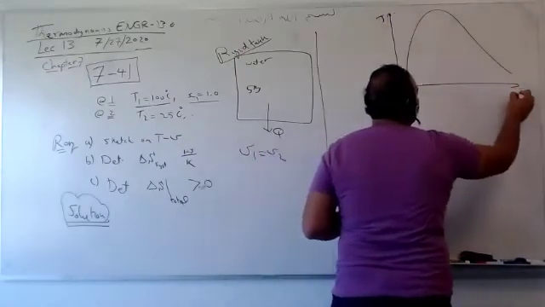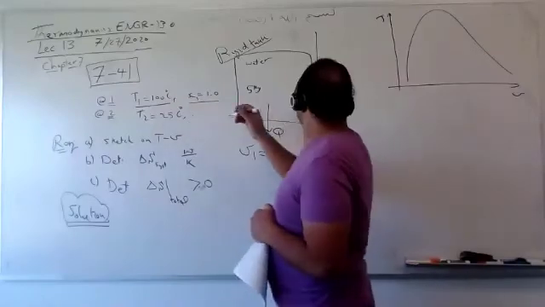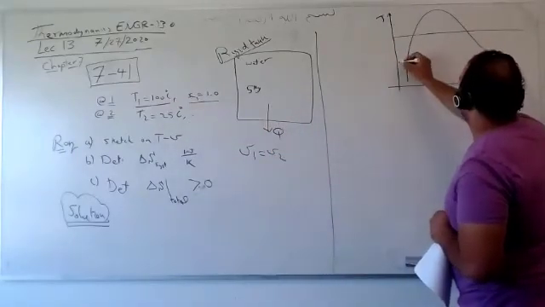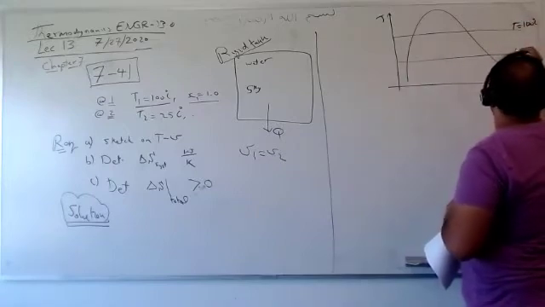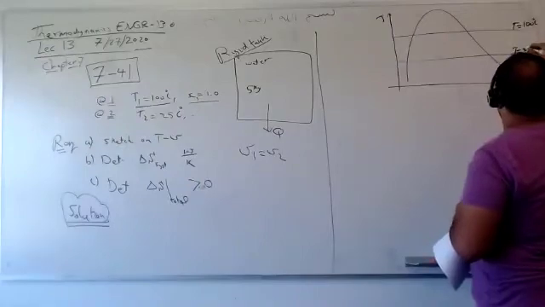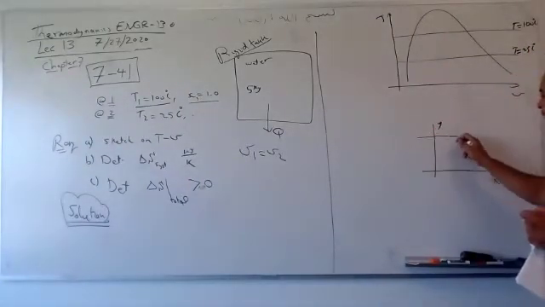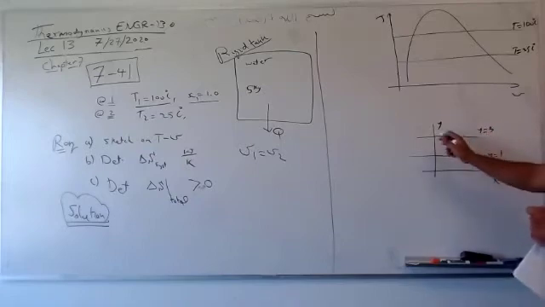TV diagram. State 1, exactly saturated mixture. This is temperature 100. This is temperature 25. T equal 100. T equal 25. Exactly like you plot X, Y. I told you Y equal 3, Y equal 1, Y equal 9.